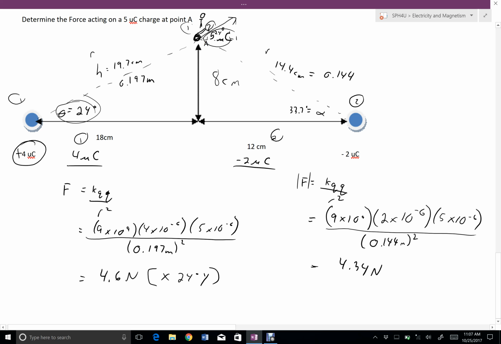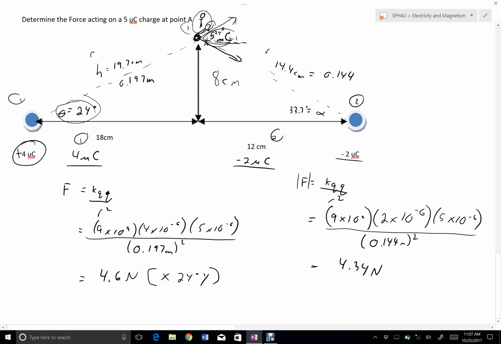Similarly, although sort of the opposite here, I have 5 microcoulombs and negative 2 microcoulombs. Considering my law of electrostatics, instead of being repelled, this force is going to pull that object towards it. Opposite charges attract, and again, I'm looking at it from this particle's perspective, so I'm getting pulled in here. This is 33.7 degrees.